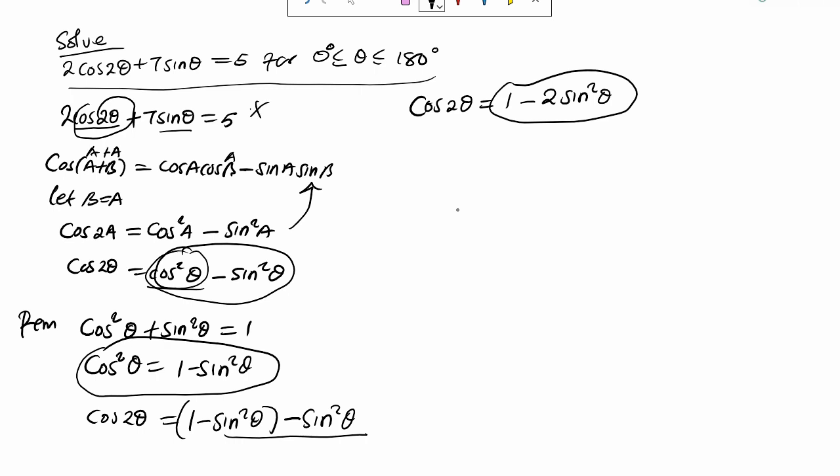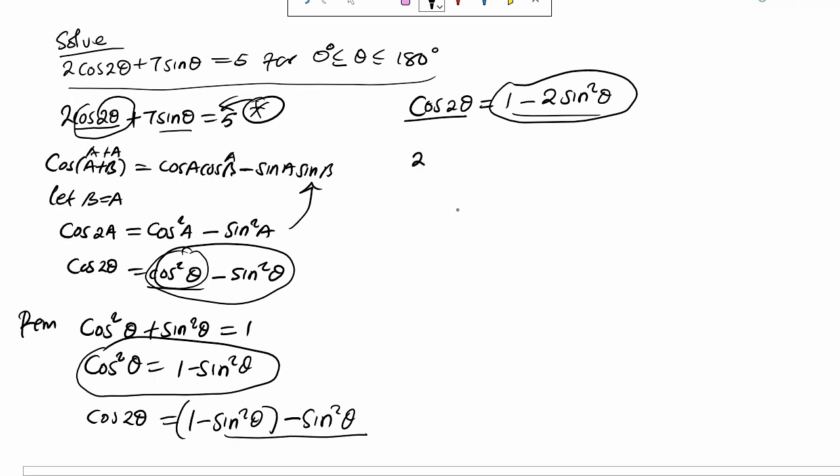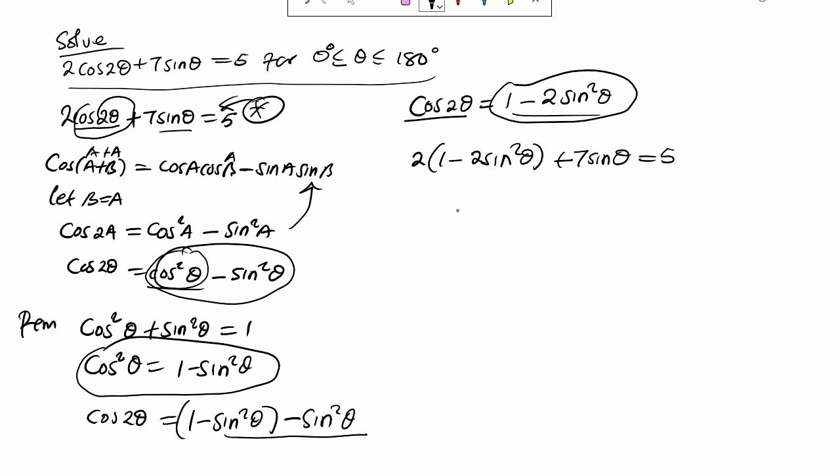Now, coming back to our original equation here, we shall have 2 cos 2 theta. So instead of cos 2 theta, I shall put in 1 minus 2 sine squared theta, and I shall have 2 into 1 minus 2 sine squared theta plus 7 sine theta equals 5.